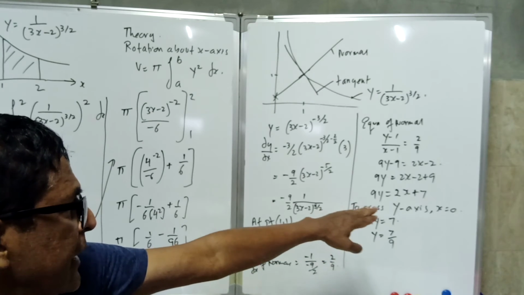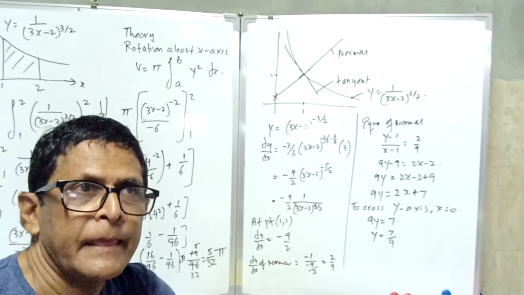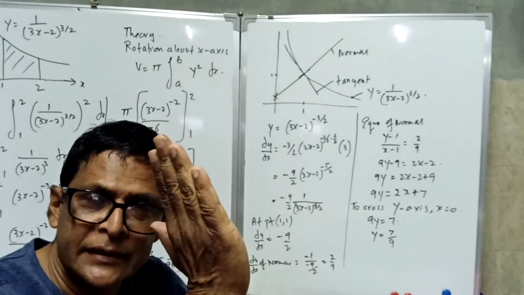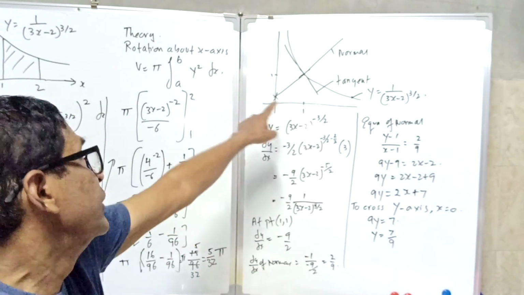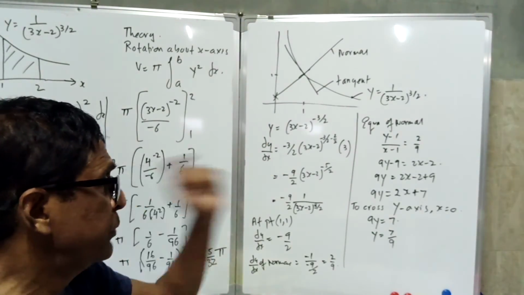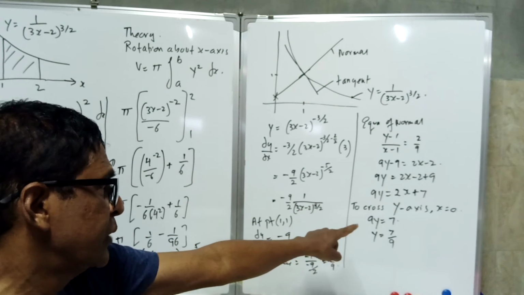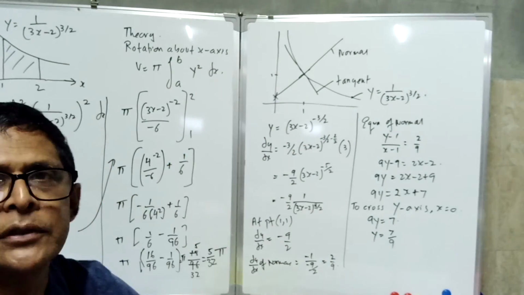You will get the line 9y is equal to 2x plus 7. Now when the line crosses the y-axis, x is equal to 0. So we put x equal to 0 in this equation, you will get y is equal to 7 upon 9. This is the y-coordinate at this point.